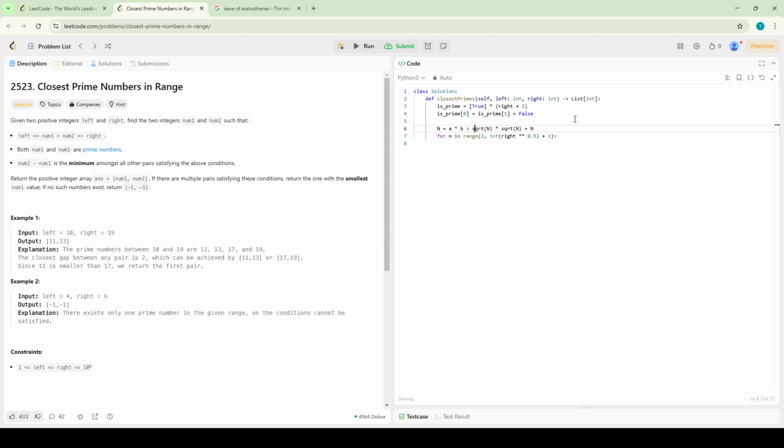Since a times b is equal to n, it cannot be larger than n. So at least one of these two has to have a prime factor that is less than the square root of n.